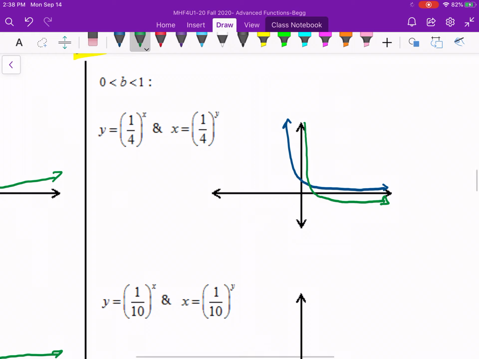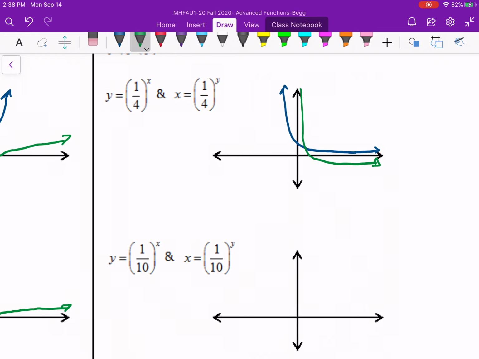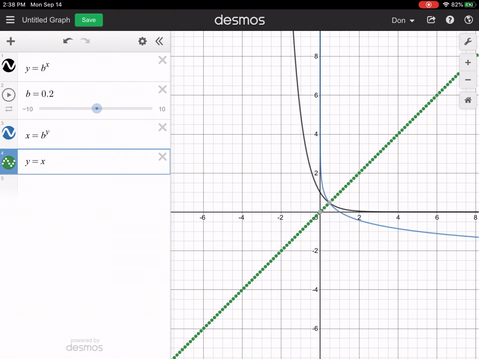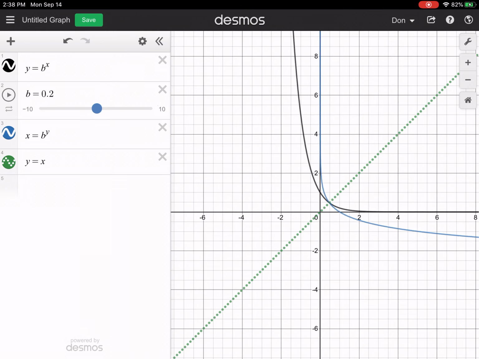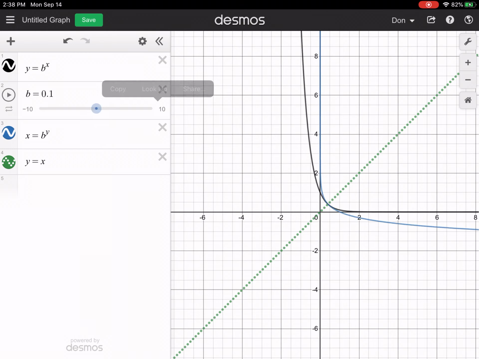The only difference for this next part is, again, it's got a different base. We're expecting something similar, but maybe more extreme because it's got a smaller number for a base. So as I switch from 0.2 to 0.1, there we go. Hard to see because it's hard for me to see because I was so focused on getting exactly 0.1 with the slider, but it became a bit more steep.